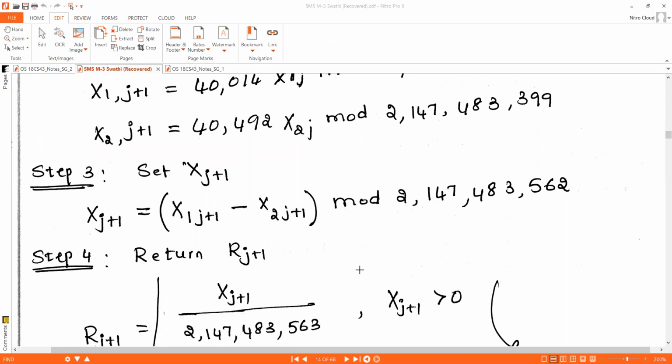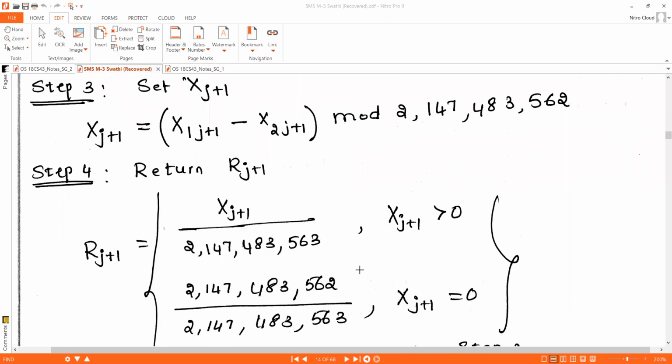Now the next step is finding the random number. How to find the random number? If the x j plus 1 value is greater than 0, the formula to find the random number is xi divided by mi. Here, xi is x j plus 1, divided by the m1 value, 2,147,483,563.